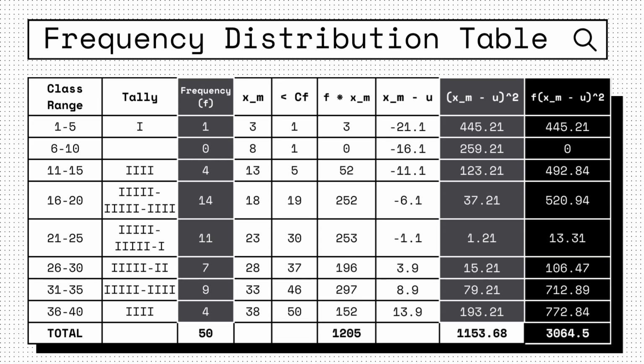For the fifth one, we have 1.21 times 11, which is equal to 13.31. For the sixth one, we have 15.21 times 7, which is equal to 106.47. For the seventh one, we have 79.21 times 9, which is equal to 712.89.